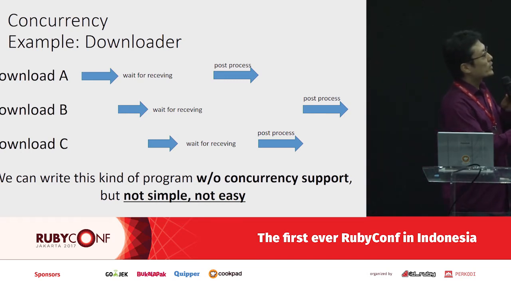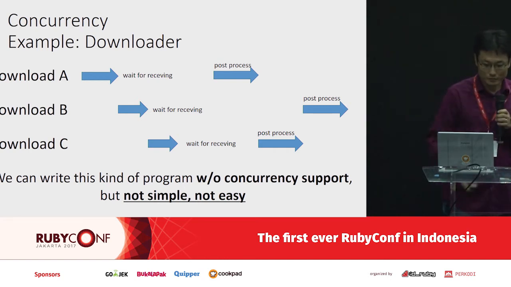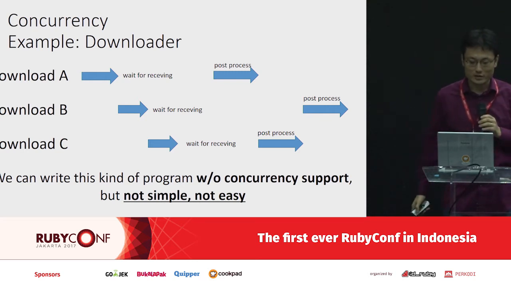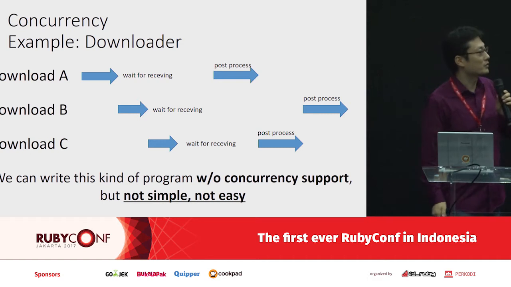At last we finish downloading A, B, and C. We can write this kind of program with concurrent features. We can make it without concurrent support, but it's not simple and is difficult, I think.